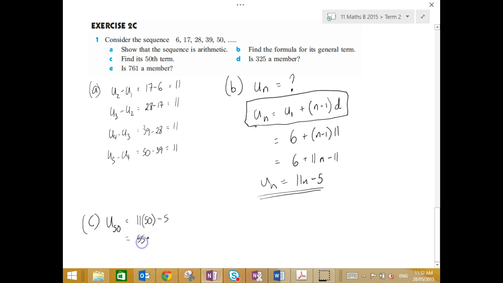So the 50th term, without having to find all the 49 in front of it, I can figure out that it's 545 without having to think. So it's pretty handy. Hello, Claire. That's 11n minus 11. I did expand the brackets.